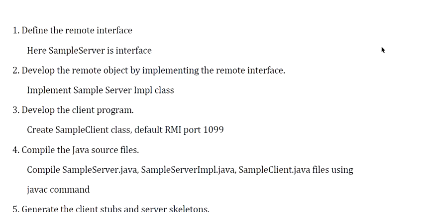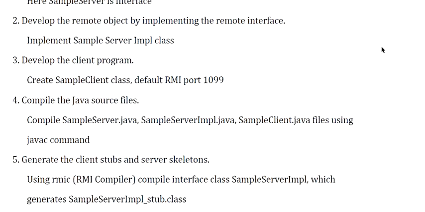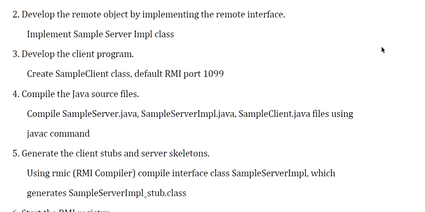We create a SampleClient class, and the default RMI port 1099 is given here. The fourth step is to compile the Java source files: SampleServer.java, SampleServerImpl.java, and SampleClient.java, using the javac command.